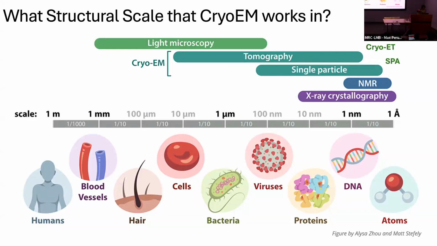They can attach it and show better than 3 angstrom resolution. This is one kind of direction. So we are really approaching near 1 angstrom. But because this is the domain of X-ray and NMR, which have occupied this high-resolution domain, cryo-EM is trying to put its flag on that.